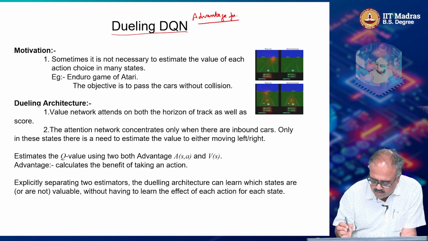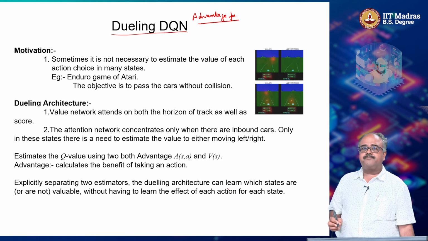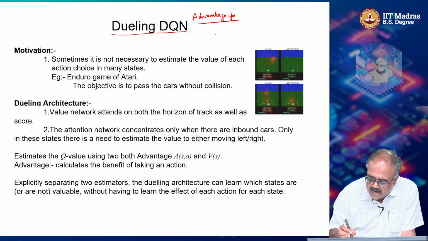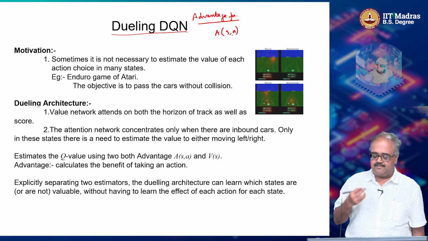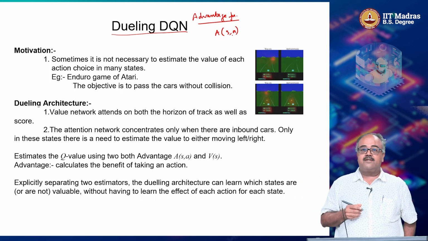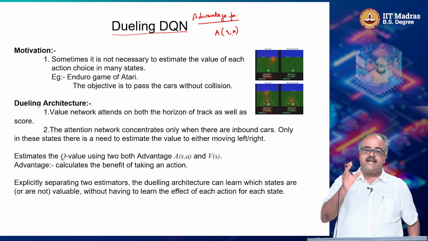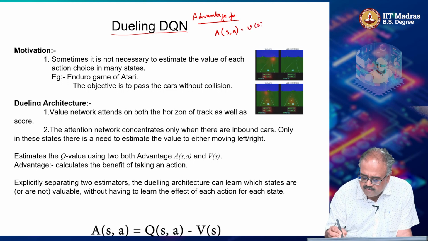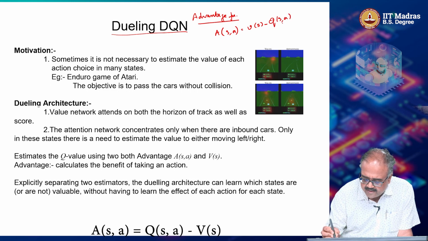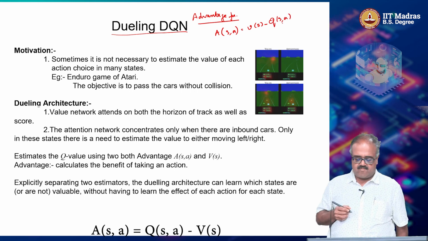So what is the advantage function? See, the advantage function is A(s, a). Unfortunately, advantage is called A. So A(s, a) is basically the advantage of taking action a in state s, and is basically equal to Q(s, a) minus V(s).